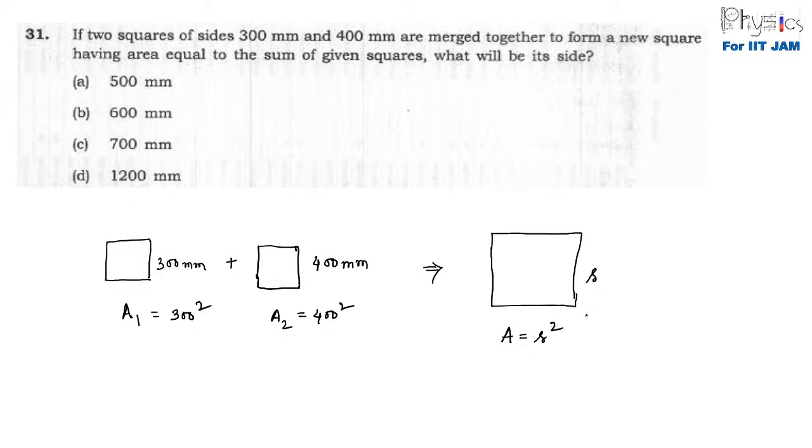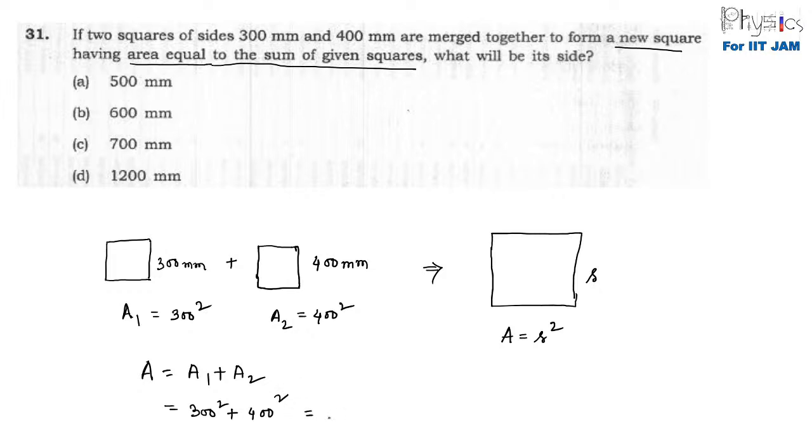Now we are informed that the area of the new square is equal to the sum of given squares. That is, A is equal to A1 plus A2, that is equal to 300 square plus 400 square.